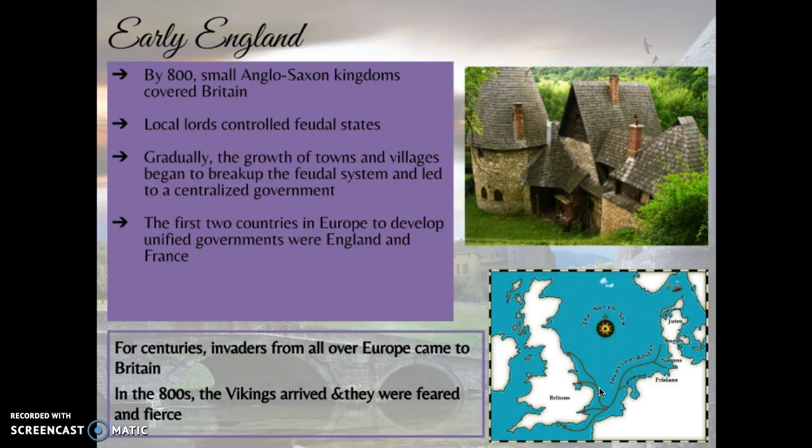I think it's always going to be there, but we'll see Charlemagne influence the growth of kings using the feudal system and connecting larger territories under their one control. But we're starting to see that breakdown leading to a centralized government.